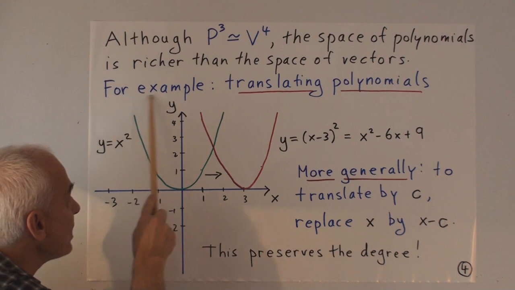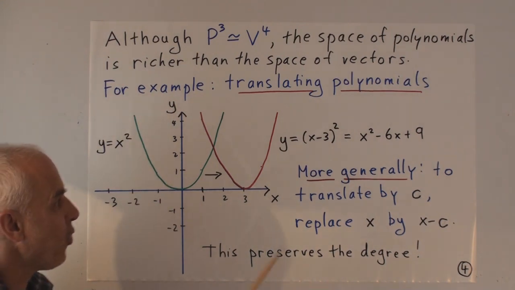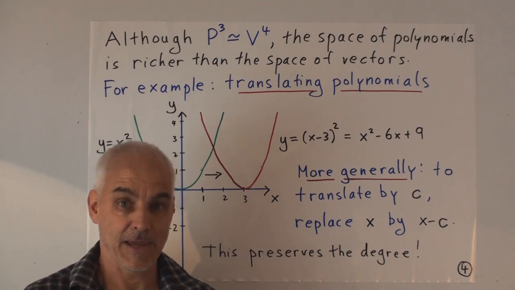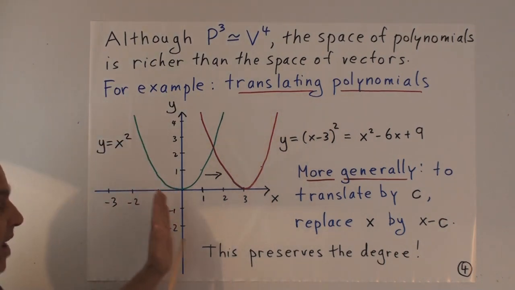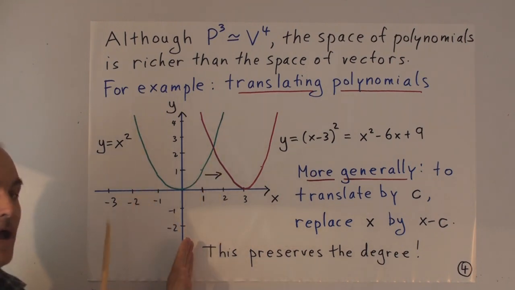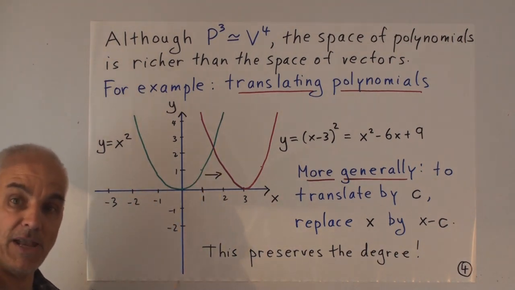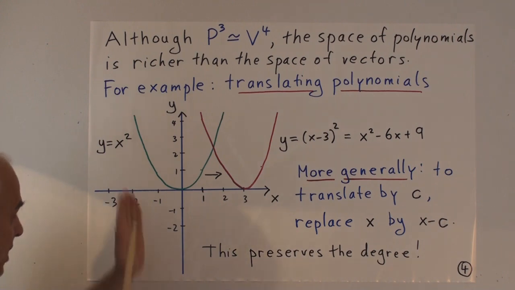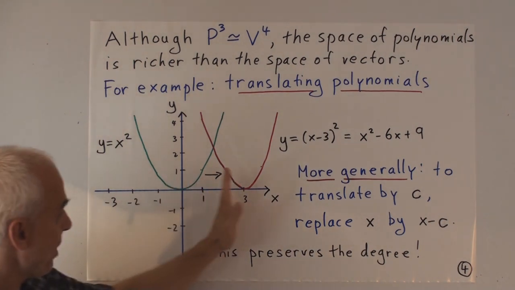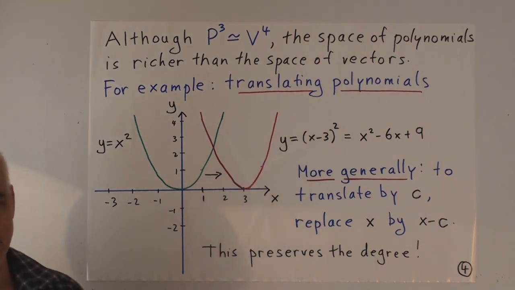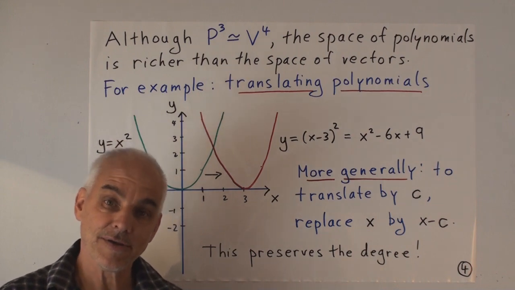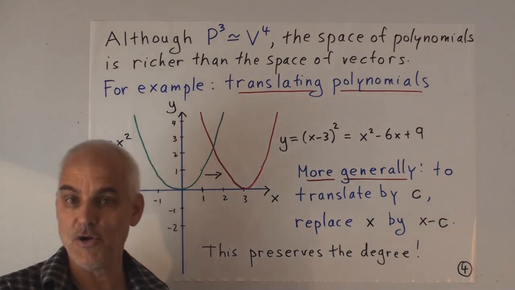A very important example: we can translate polynomials, in the sense of taking the graph of a polynomial. There's the graph y equals x squared for the polynomial x squared. And we can take that graph and translate it, in this case by 3 to the right. This is now a new polynomial equation corresponding to a new polynomial.